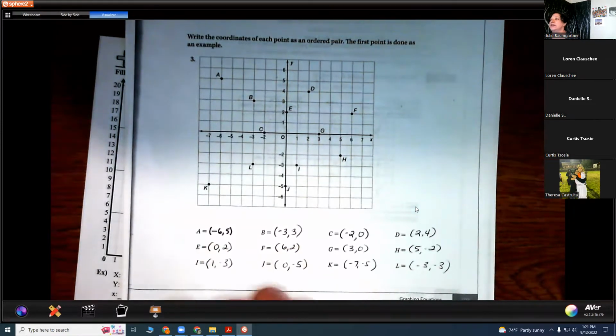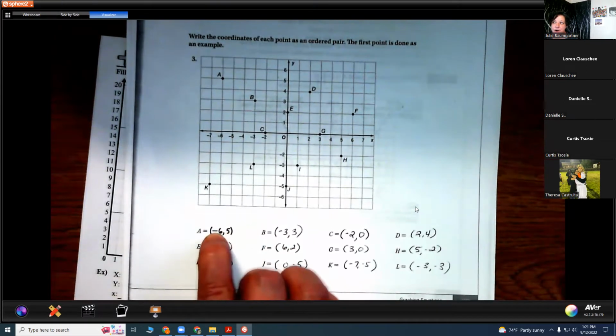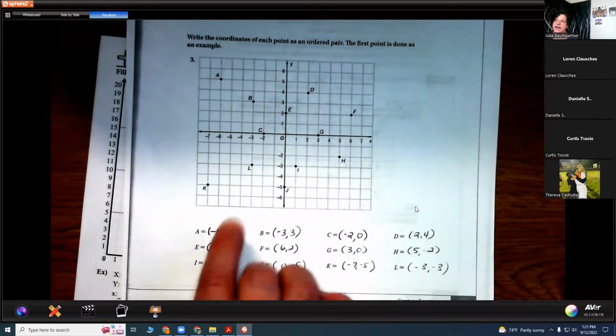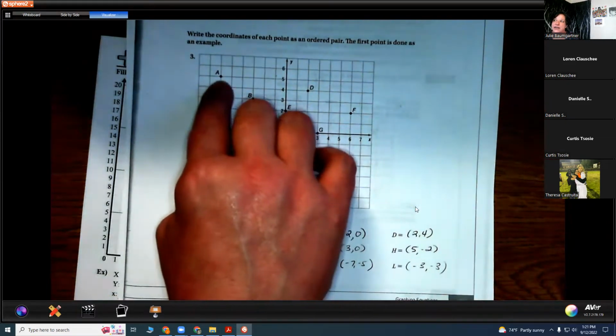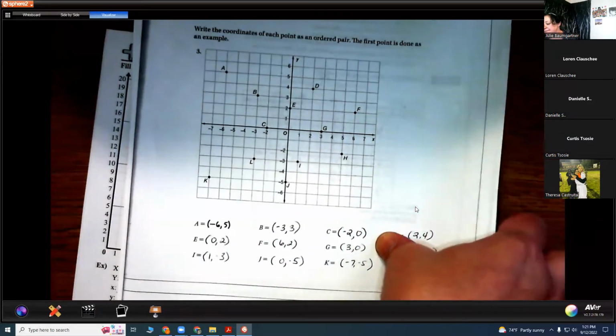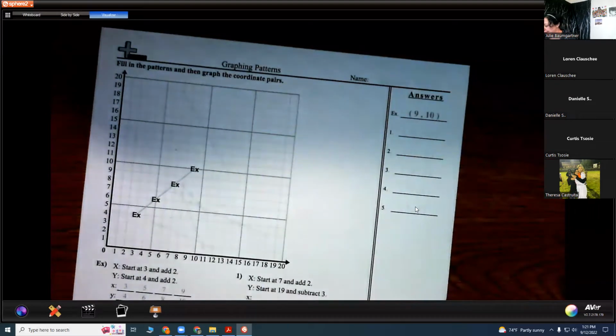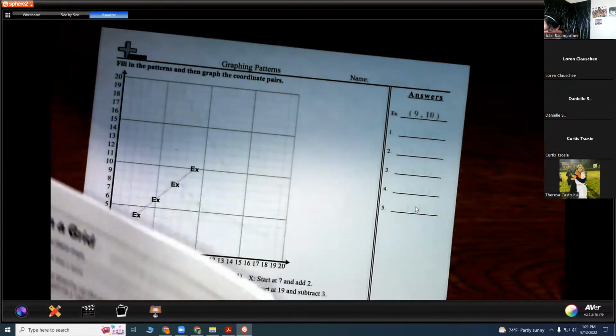So you need to get really comfortable seeing these ordered pairs and knowing what they signal. They signal an X coordinate and a Y coordinate so that we can locate it on our grid. Okay, so I think we did okay on that.